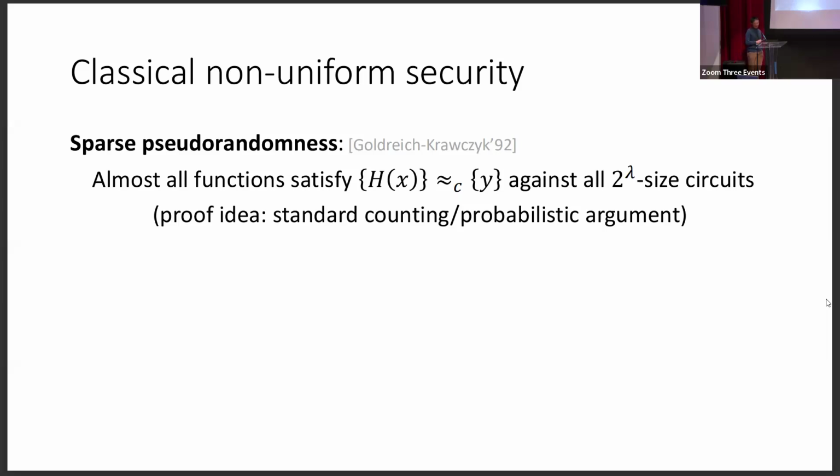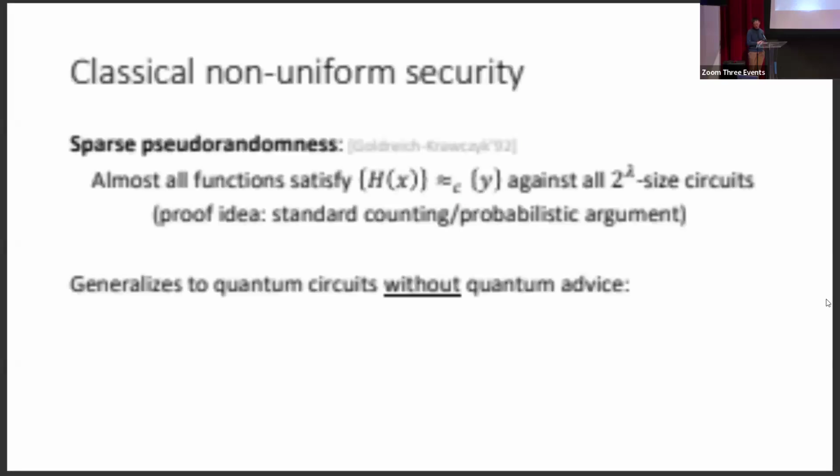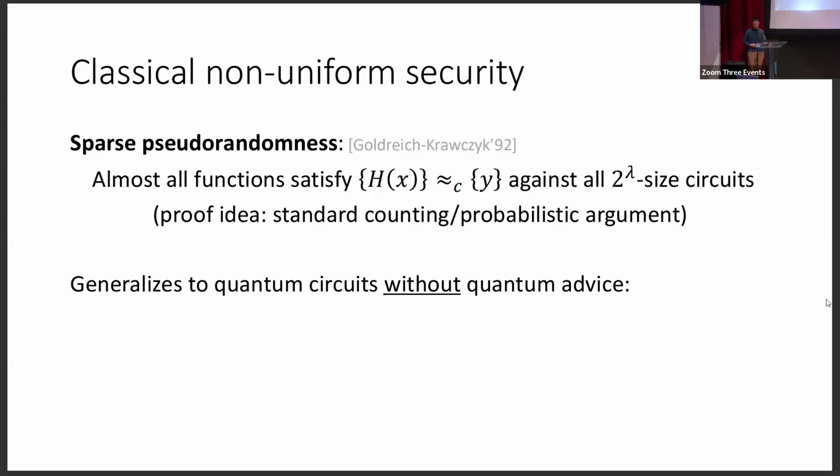However, this is not very useful classically, at least for crypto purposes. And if you look at the proof closely, it actually generalizes to proving security even against quantum circuits, but only if they don't have quantum advice.